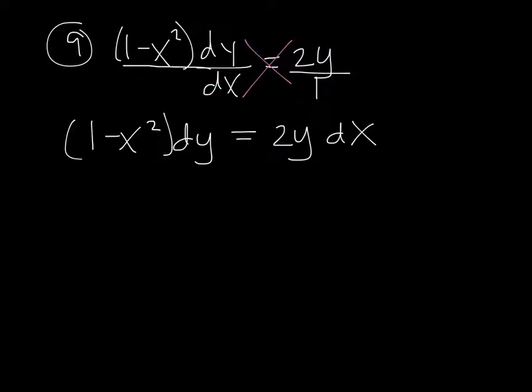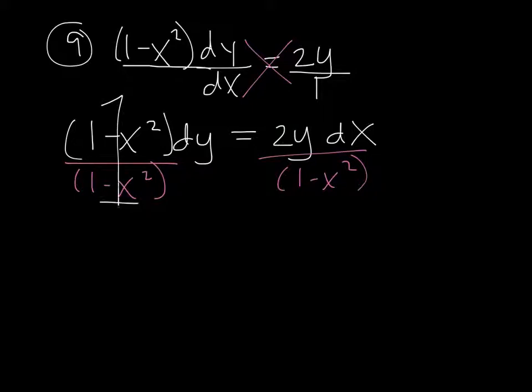Our next step: we have x here, we have a function of y here. I'm going to divide by 1 minus x squared on both sides, or in other words, multiply by 1 over the quantity 1 minus x squared.